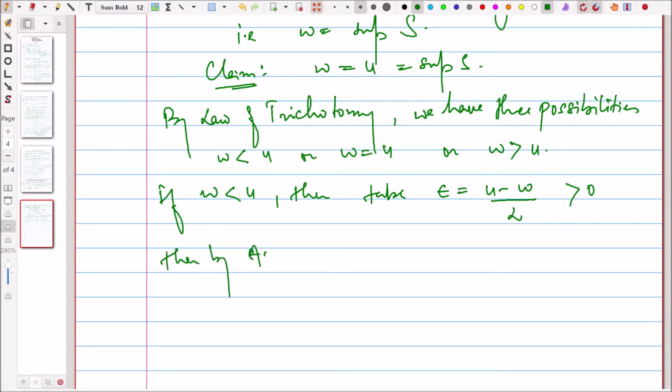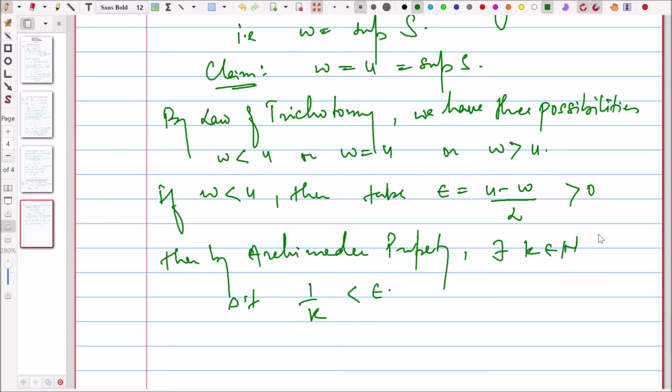Then by the Archimedean property, there exists K belonging to N such that 1 by K is less than epsilon.